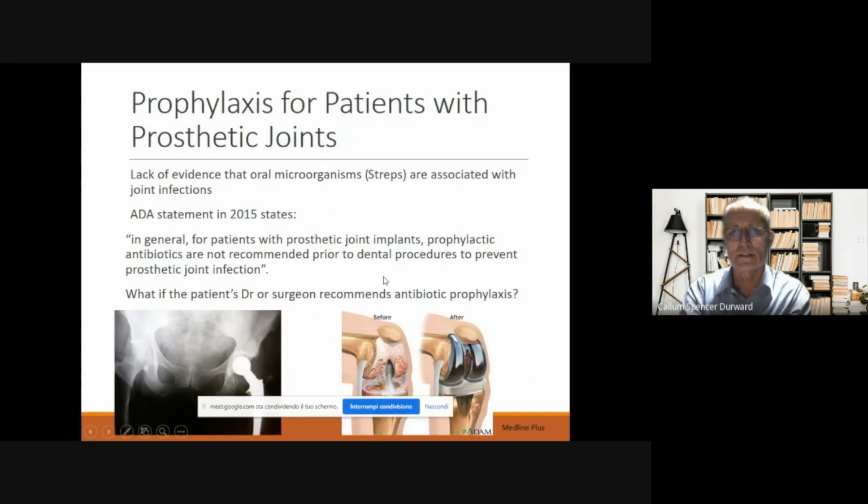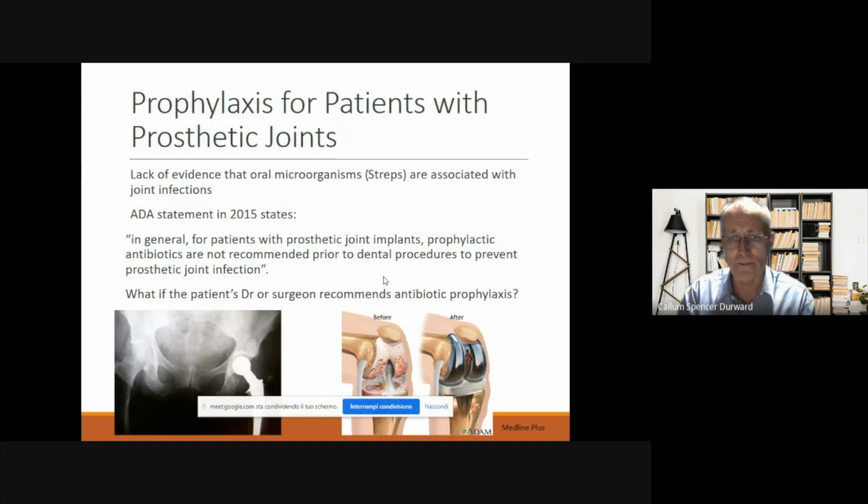In the past, it's also been recommended that patients with prosthetic joints may benefit from antibiotic prophylaxis. However, there's a lack of evidence that oral microorganisms are associated with joint infections. In 2015, the American Dental Association stated that in general, for patients with prosthetic joint implants, prophylactic antibiotics are not recommended prior to dental procedures to prevent prosthetic joint infection.